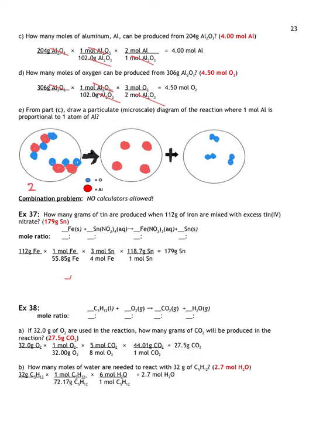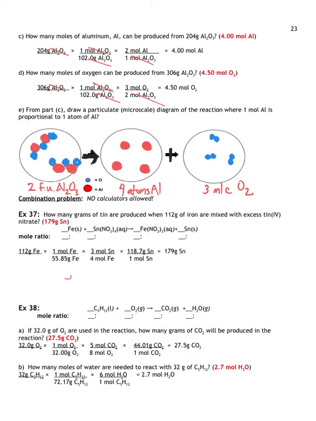So you've got 2 formula units of aluminum oxide to every 4 atoms of aluminum to every 3 molecules of oxygen. Now notice the ratio is fitting to the ratio of the balanced equation.